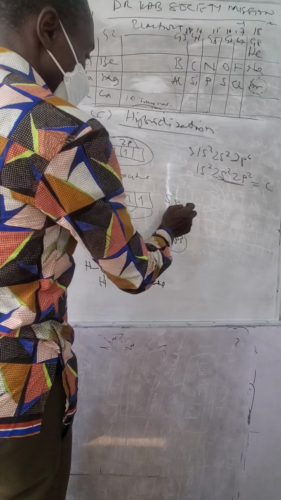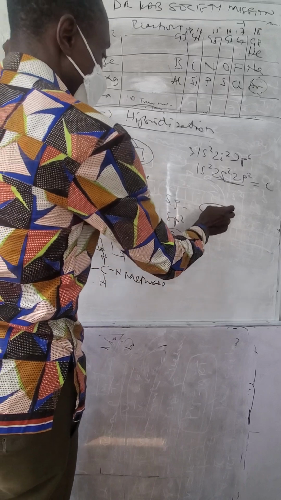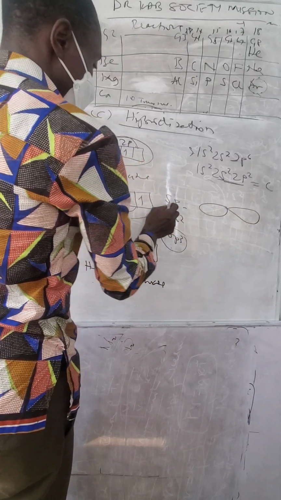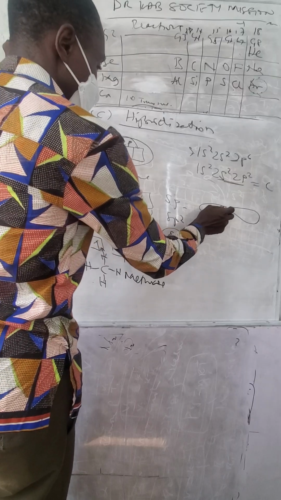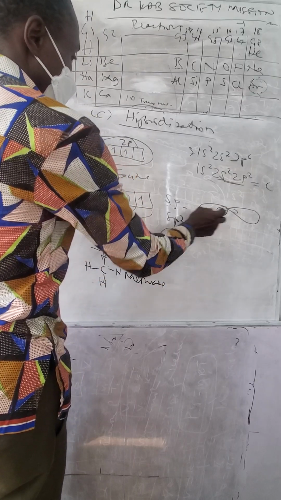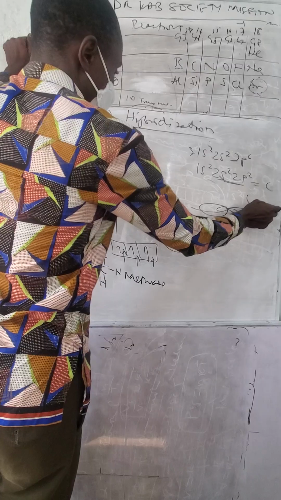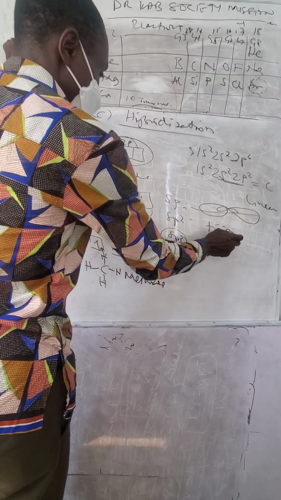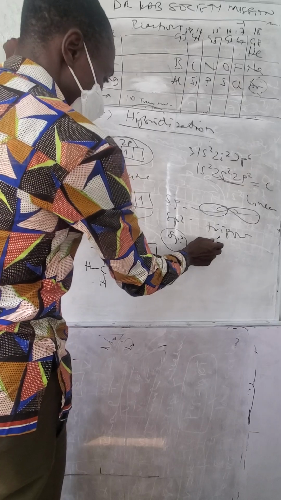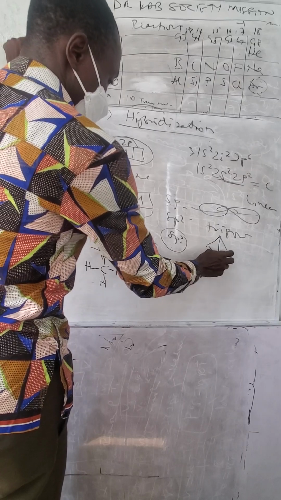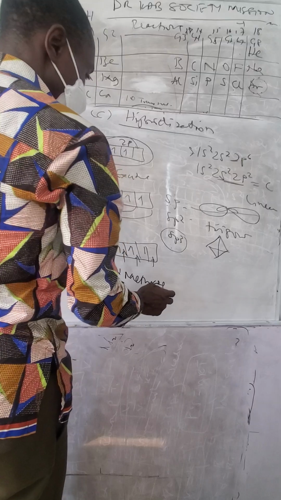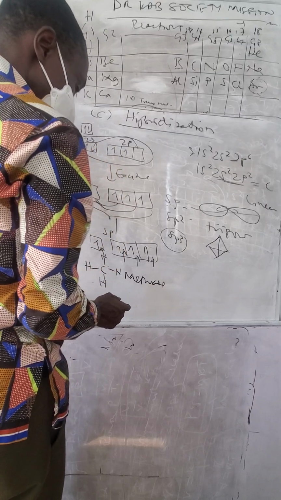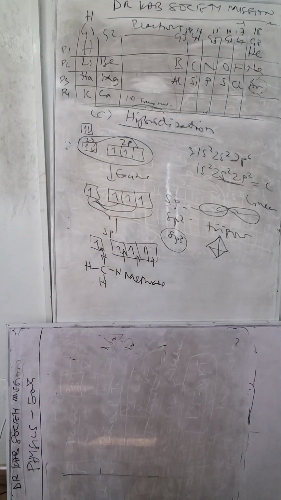Now sp is a linear bond. Here we have mixed s and the p. sp is a linear structure. sp2 is trigonal, so it means you have something trigonal. Let me put it this way.